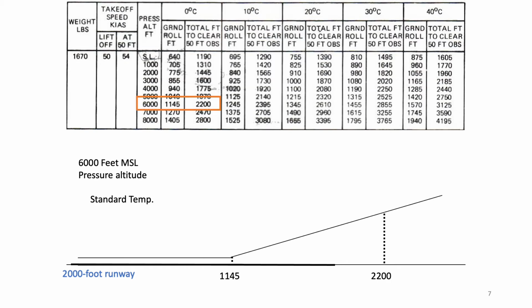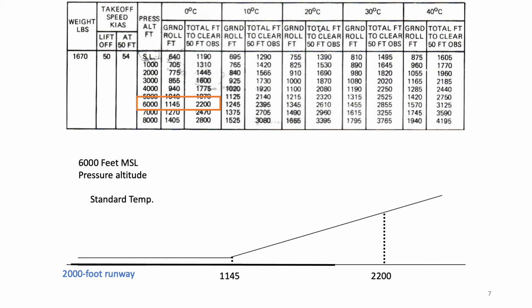Now here we are up at a higher elevation airport, 6,000 feet. And although everything is still standard pressure, standard temperature, we can see that we've lost a lot of performance already. So far we've been dealing with just standard pressure and standard temperature. And when both the pressure and the temperature are standard, then our actual above sea level altitude is the same as the density altitude.